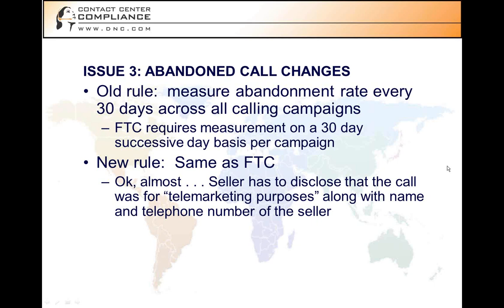The FCC puts this phrase, these two words, in, as you can see, in quotation marks. And so most people look at that and say, well, I guess we'll just say that the call was for telemarketing purposes. But at the same time, perhaps there's some leeway there as long as you are, in the course of the abandoned call message, letting the person know that the call was for telemarketing purposes. You perhaps do not have to use those specific words.